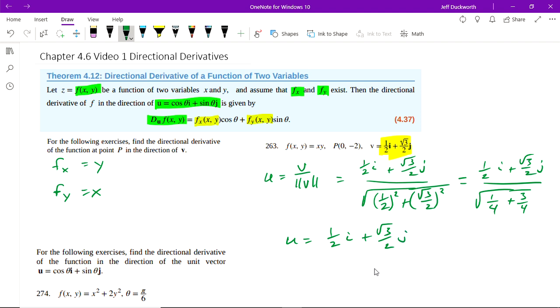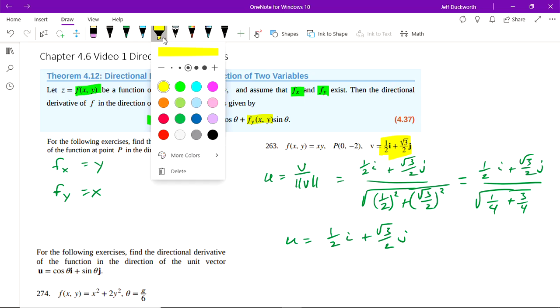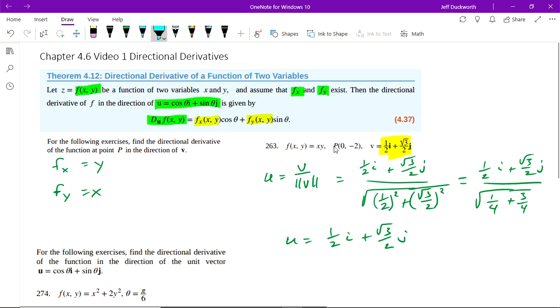Now, ultimately, we're supposed to determine what it is at the point (0, -2). So we can rewrite this function.